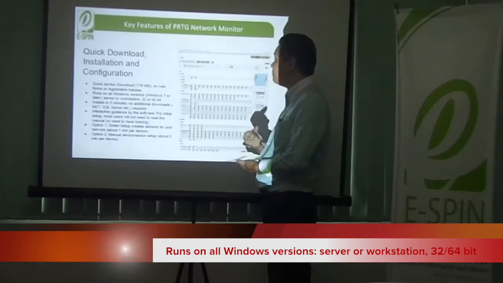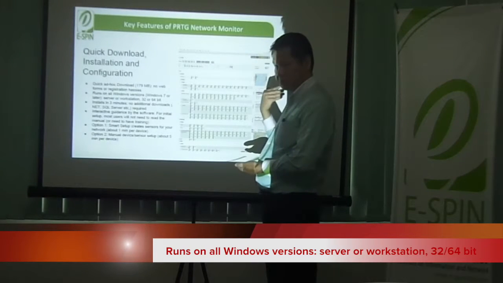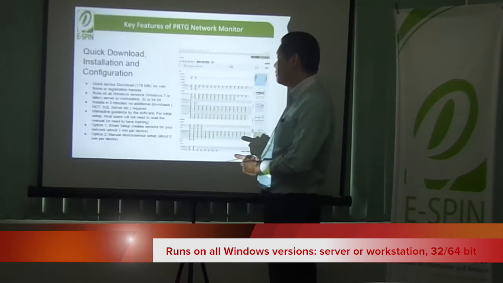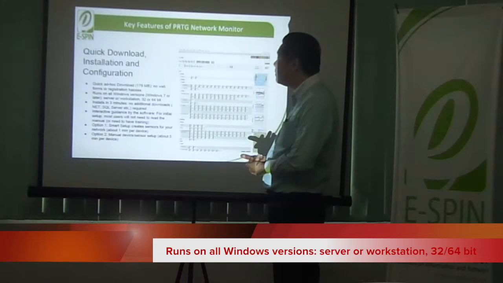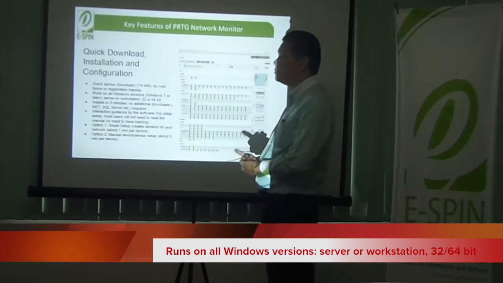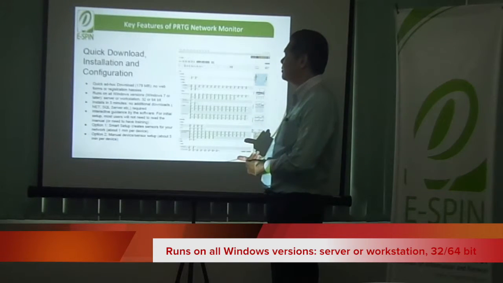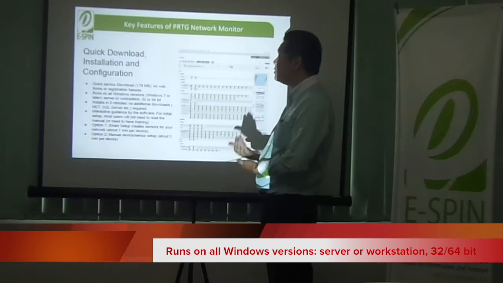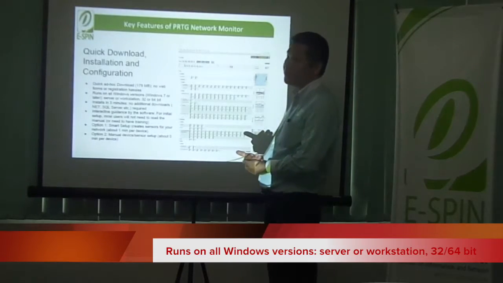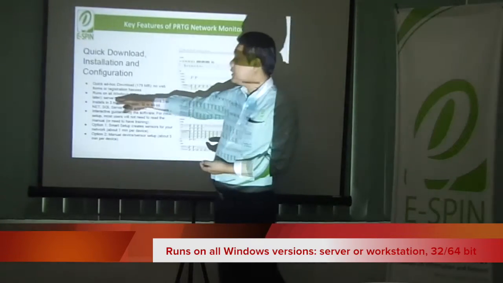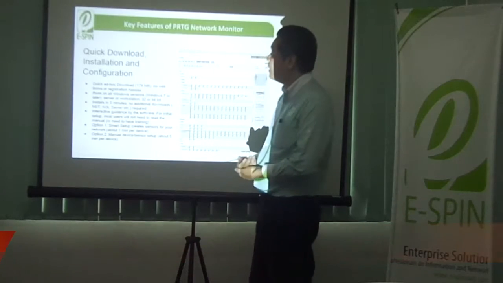We're talking about Windows 7 or the latest version, Windows 10, server or workstation, 32 or 64 bit, because it mainly depends on how big the load is. And of course, if we have a heavy load, usually production 24/7, Windows Server is more recommended.